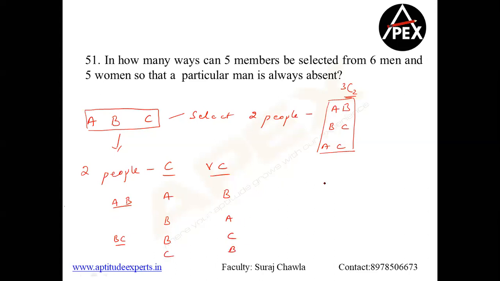Similarly, if I pick CA, then C can be captain and A vice captain, or A captain and C vice captain. So these are 6 ways. This is arrangement. We are also arranging AB and BA. Whenever I'm going with AB and BA, I'm going with the arrangement concept. So in this case my answer becomes 3P2, and in the earlier case it becomes 3C2. I hope this is clear.